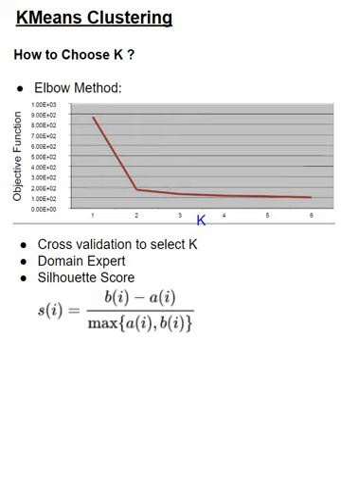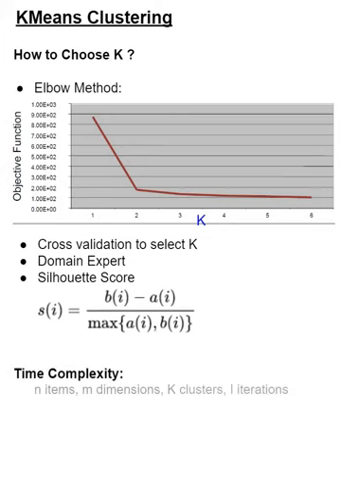Okay, now that we've looked at a few methods to choosing optimal k, before we finish this video, let's quickly understand the time complexity of the K-means algorithm. We are given n items, m dimensions, which is the m features, k clusters, which is what we want the clustering algorithm to do, and l iterations, which is chosen by the algorithm.